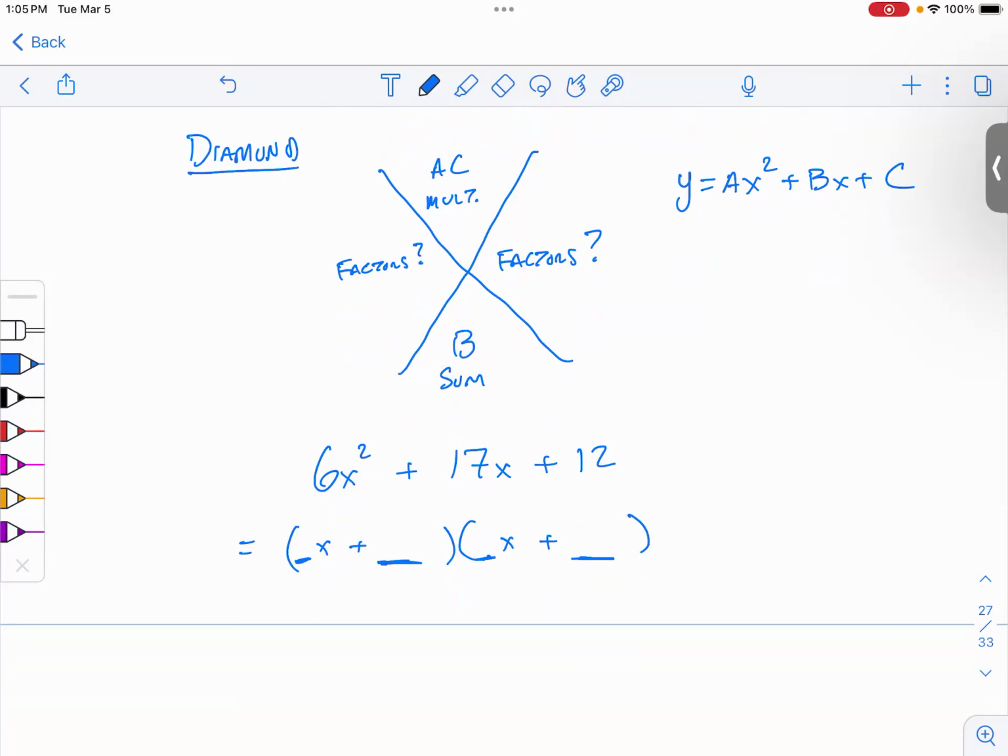Because the possibilities that go in that first term: 1 times 12, 2 times 6, 3 times 4. These values can be any combination of these 6 numbers in these last 2 spots, right? These 4 numbers can be any combination in those.